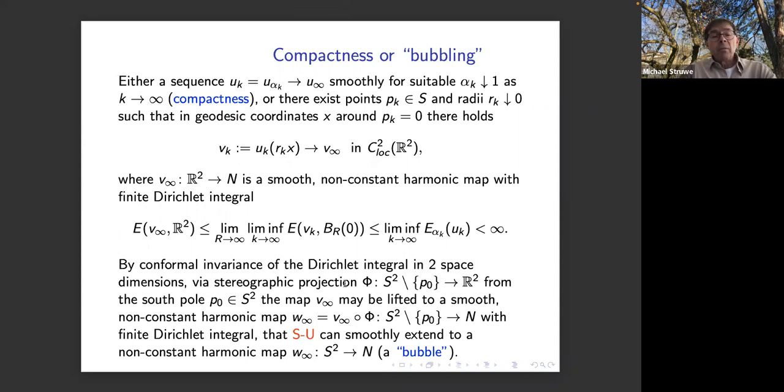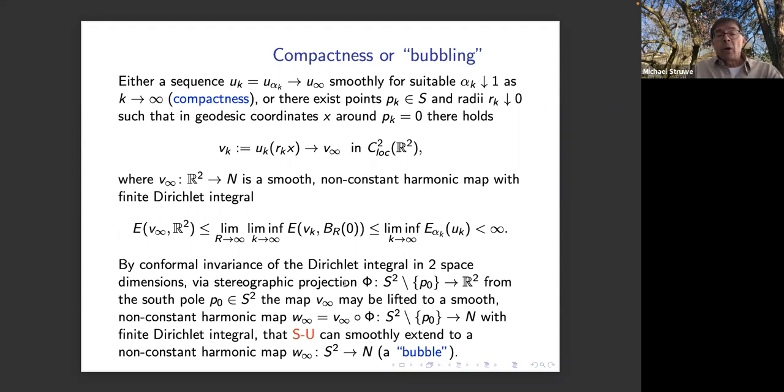And Sachs-Uhlenbeck then also show that in this setting, for smooth, non-constant harmonic maps with finite Dirichlet integral, the singularity at the point P0 can be lifted, and the map therefore can be smoothly extended to a non-constant harmonic map W infinity from the sphere S2 to our given target.